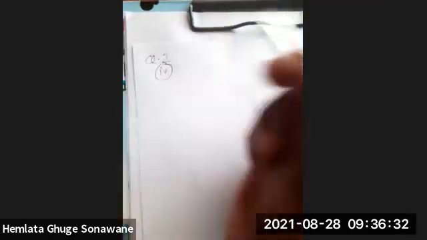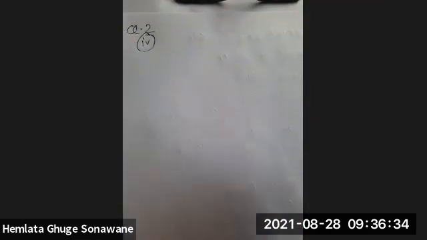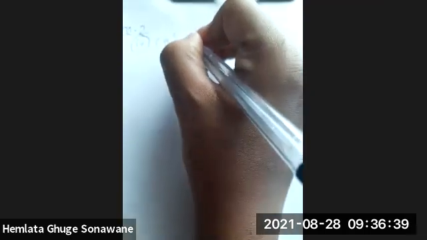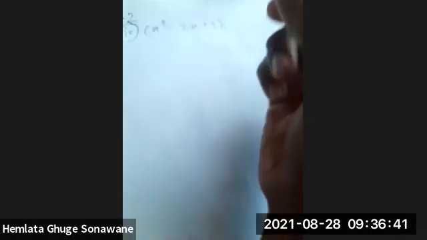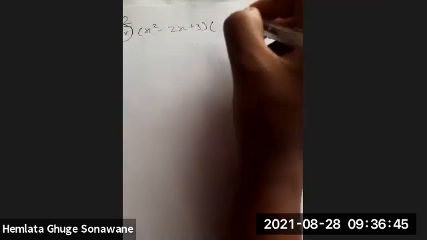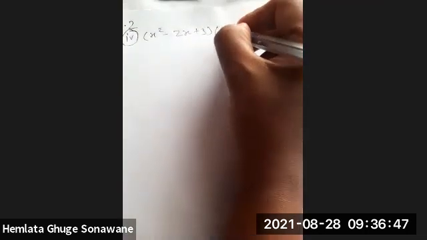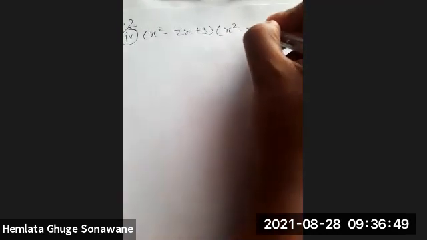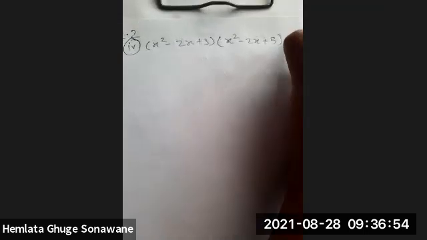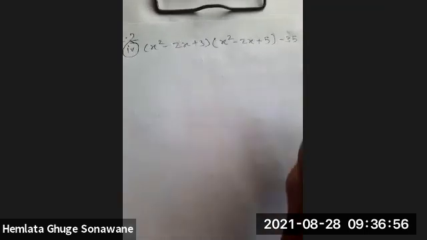Fourth one: x square minus 2x plus 3, into x square minus 2x plus 5, minus 35.